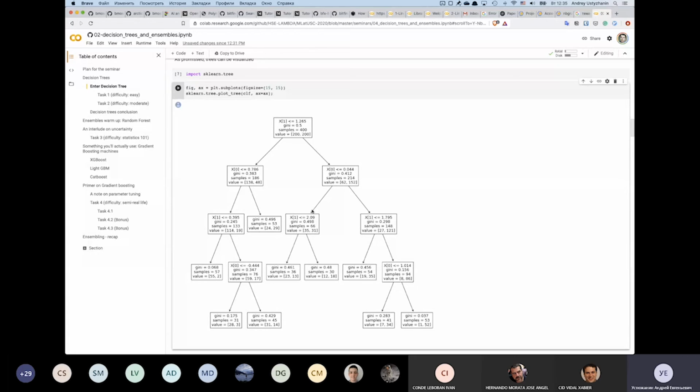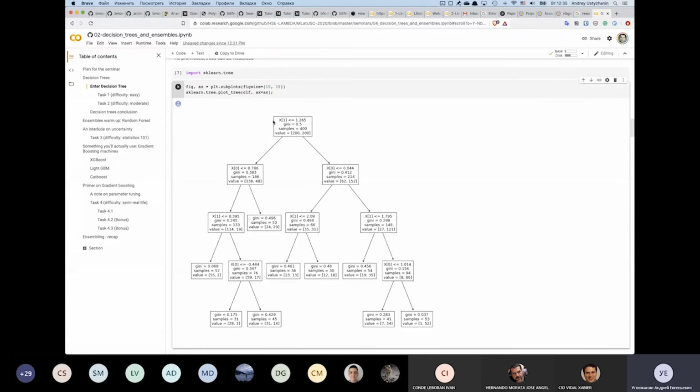Every block here corresponds to a tree node, and for every node you see the decision rule, which feature we use and what threshold we compare against, and the Gini purity criterion that we measure on this level.